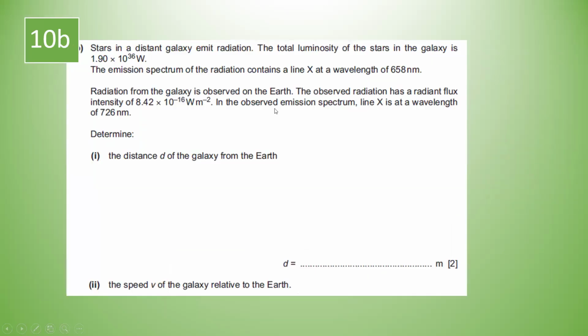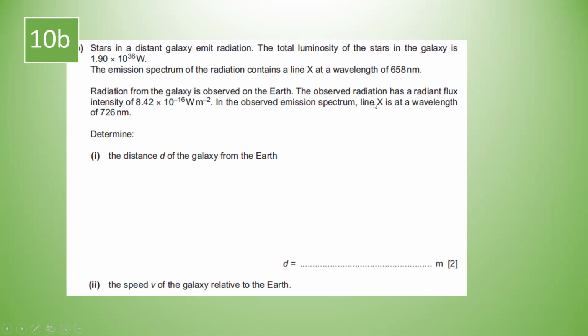Stars in a distant galaxy emit radiation. The total luminosity of the stars in the galaxy is 1.90 times 10 to the power 36 watt. The emission spectrum of the radiation contains a line X at a wavelength of 658 nanometer. Radiation from the galaxy is observed on Earth.